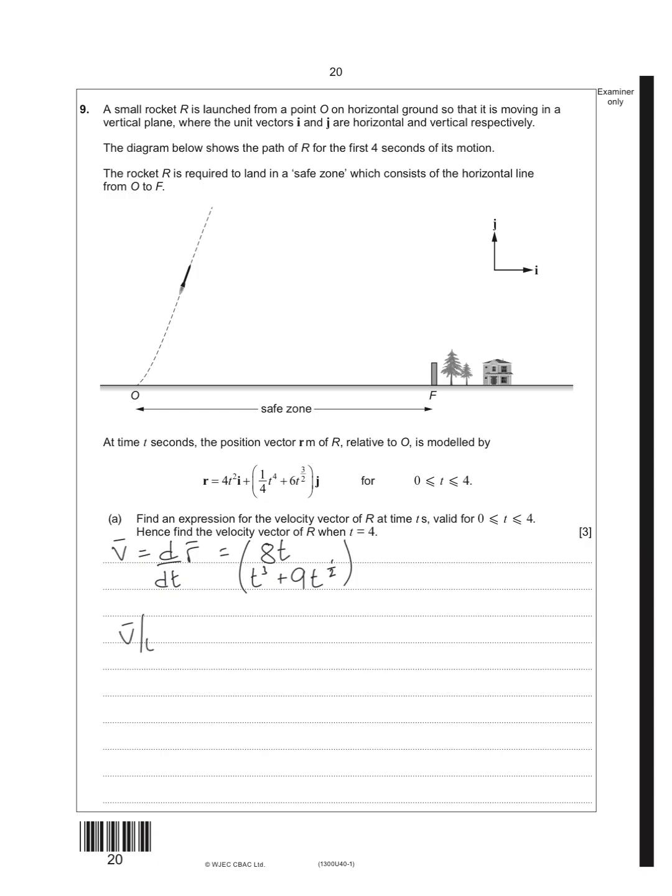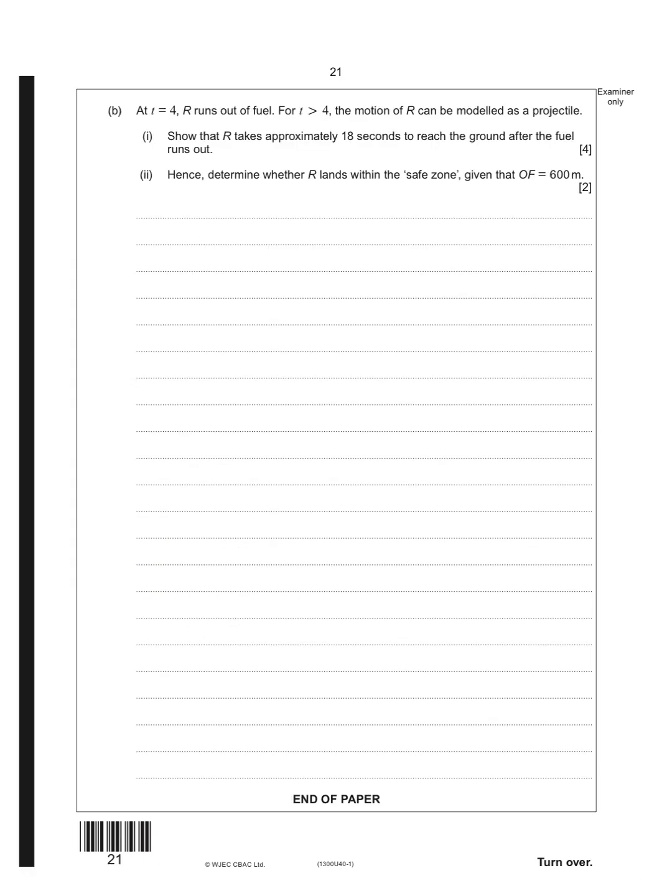So v when t equals 4, I'm going to get 32 here, and 4 cubed, which is 64, plus 18, which is 82. And there's my first 3 marks on this question. Lovely. Moving on, and here's the projectiles.